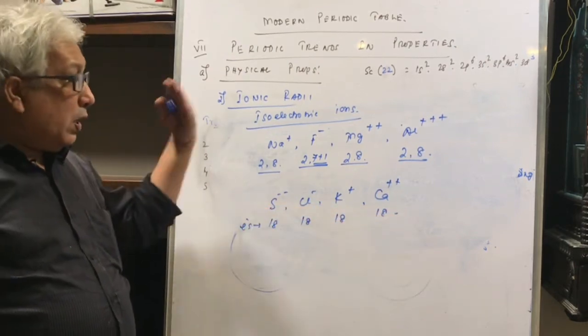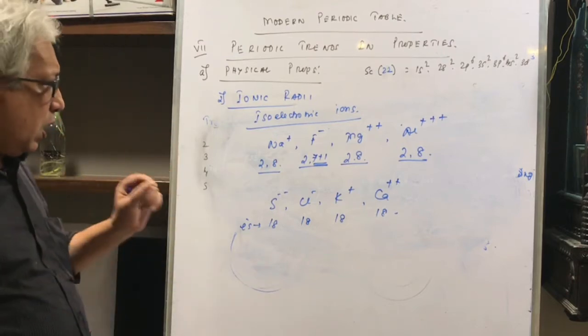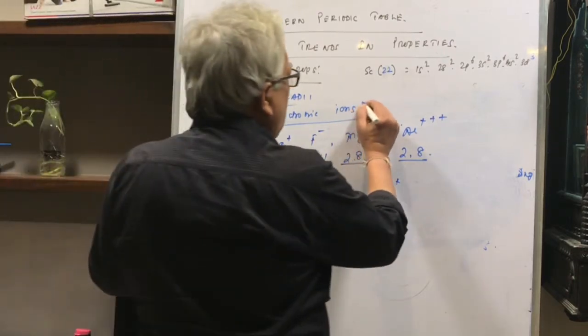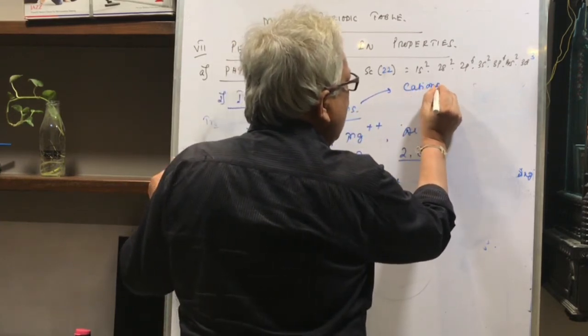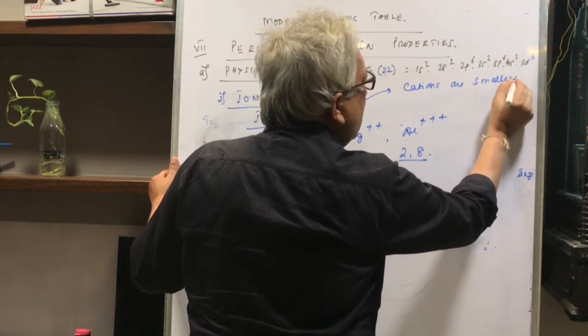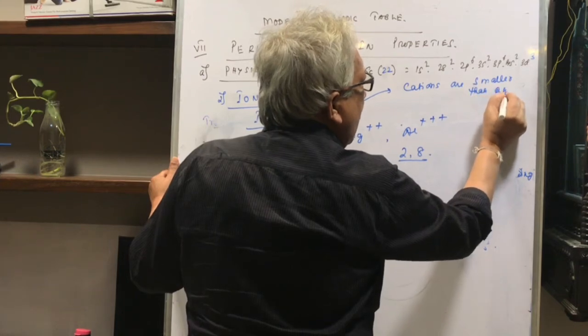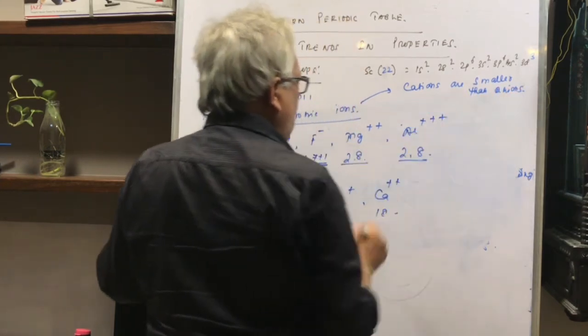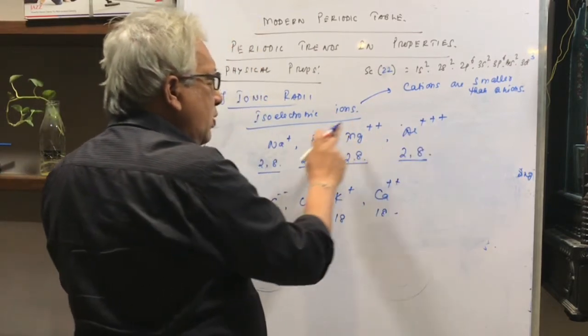Is that okay? Now in isoelectronic ions, one very important thing you must understand, that you know that the cations are smaller than anions. Which means Na+, Mg++ and Al+++ will be smaller than F-.